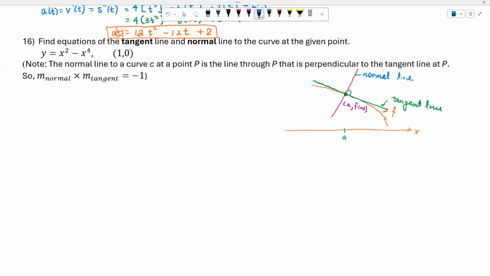This is the idea. And then we remember that the relationship between the slope of the normal line times the slope of the tangent line must be -1 because they are perpendicular to each other.